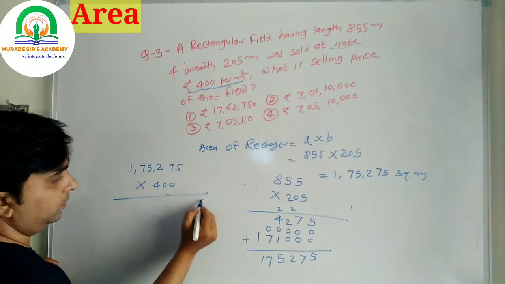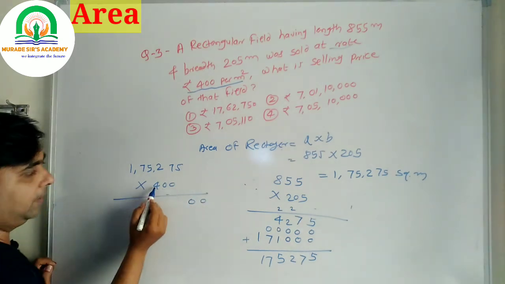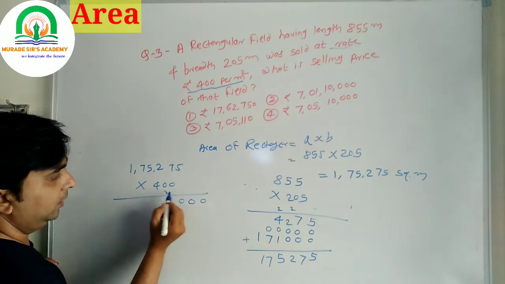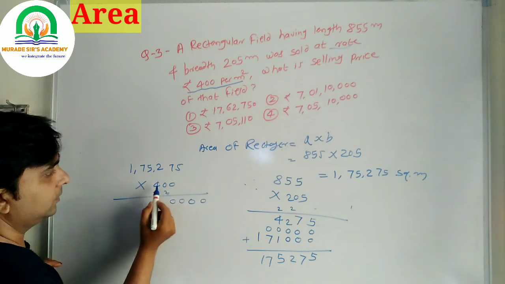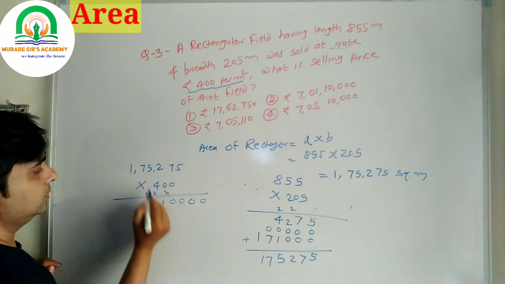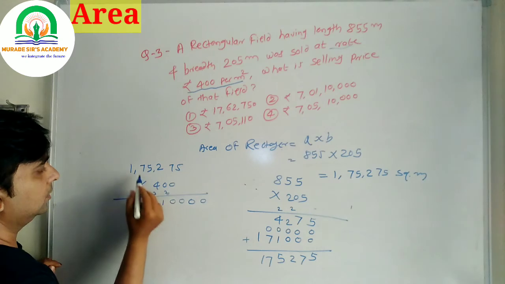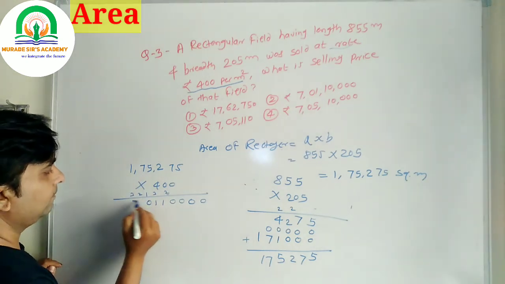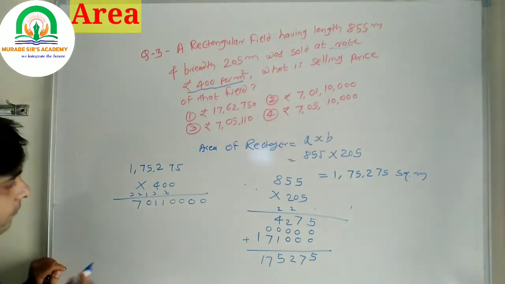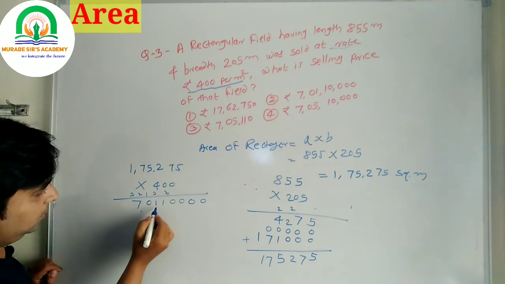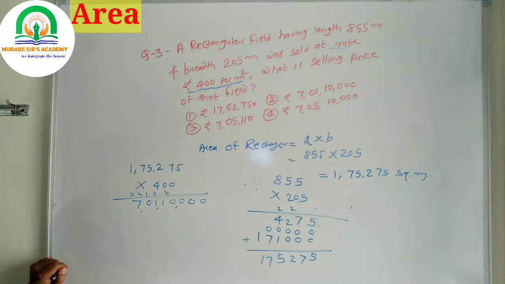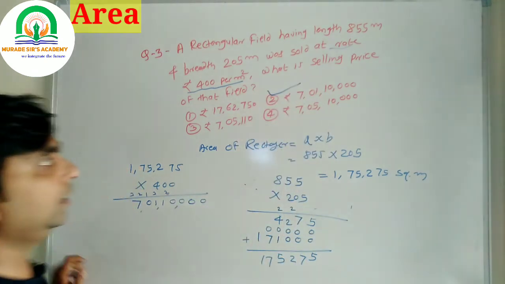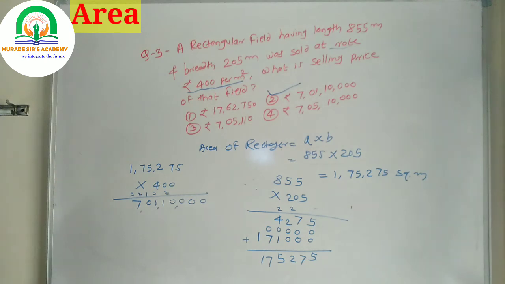Take these 2 zeros and multiply by 4. Value is 7 crore 1,10,000. Option number 2. Okay, make the screenshot.